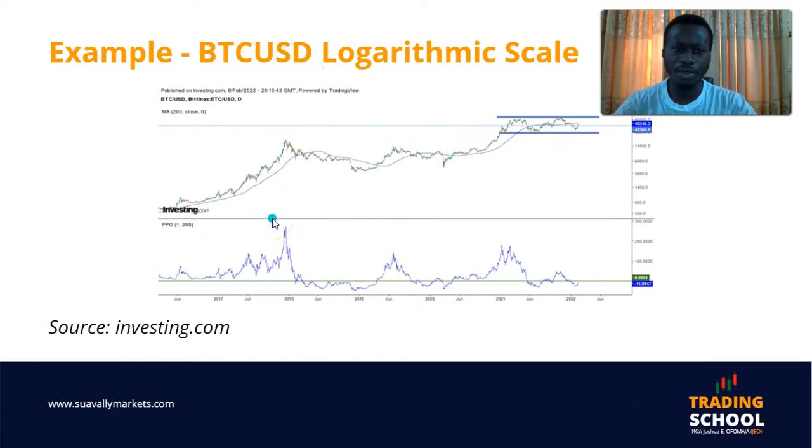Now, like I showed you guys in the first arithmetic scale, the same PPO applied. Now you can see the true story, how the PPO has already told us this even before we looked at the logarithmic scale chart. Where we look at the 2017 history, that was a very volatile moment.